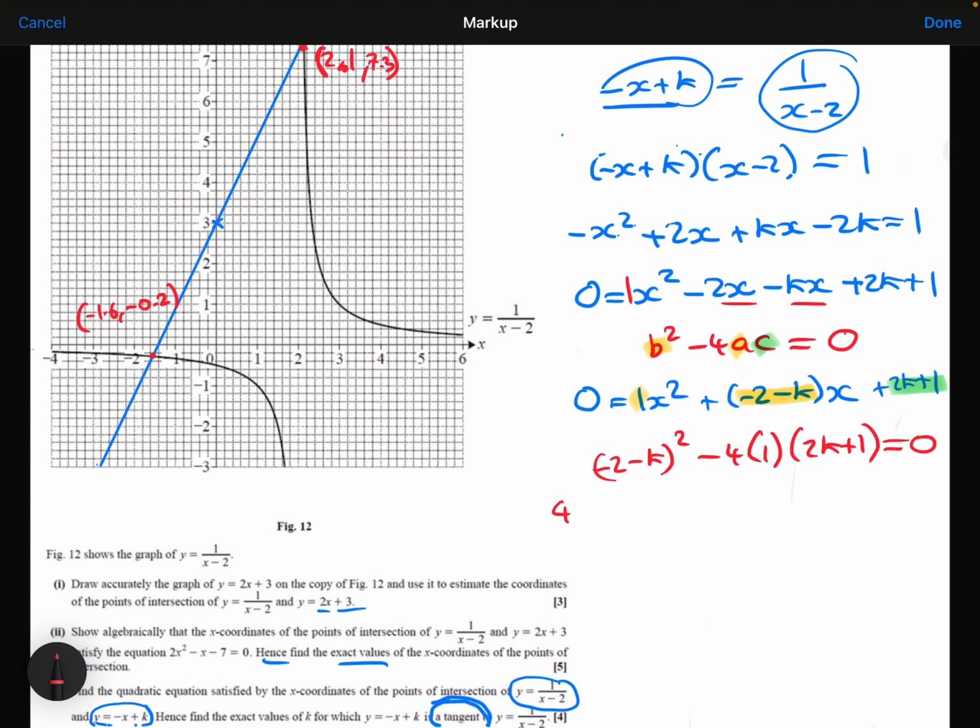The minus 2 times the minus k is plus 2k, but then we've got 2 of them, and then the k squared. Minus 4 times 1 is minus 4, and then we can expand. The minus 4 times the 2k is minus 8k. The minus 4 times the 1 is minus 4.